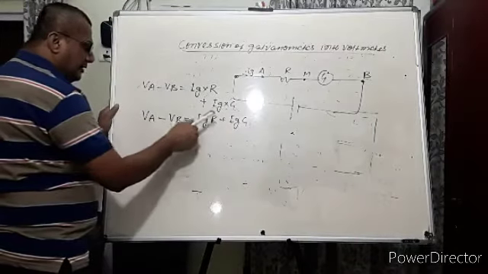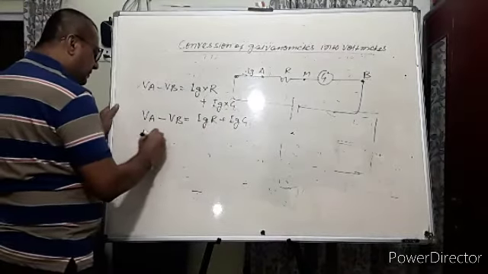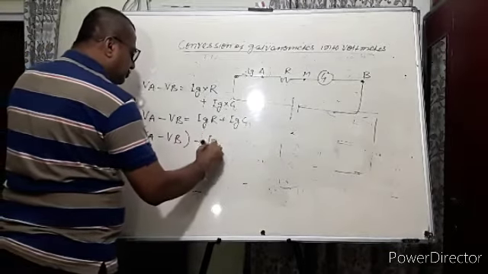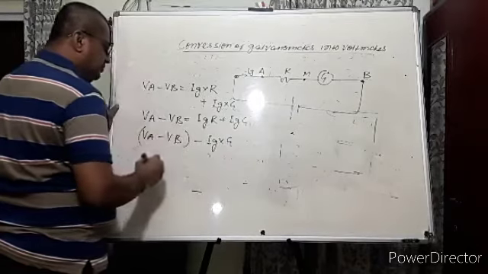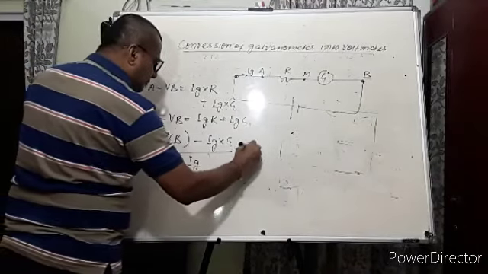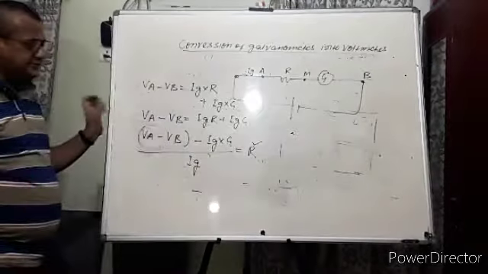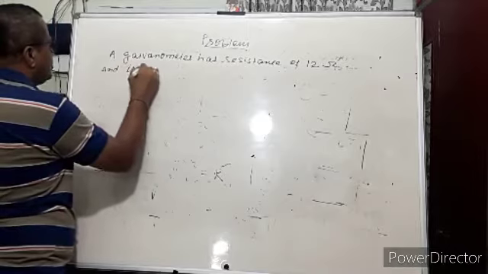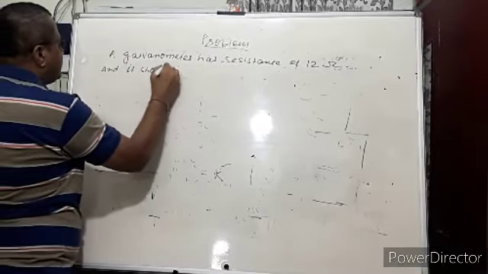We can calculate R: VA minus VB minus IgG, divided by Ig, is equal to R.